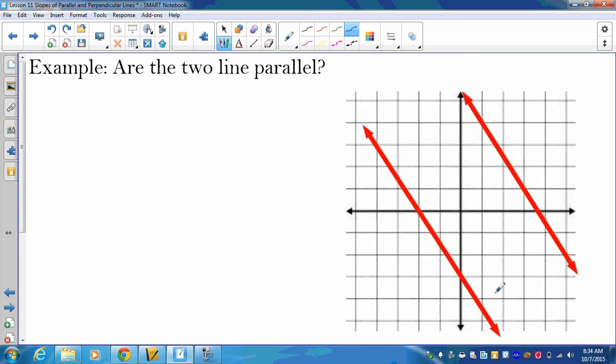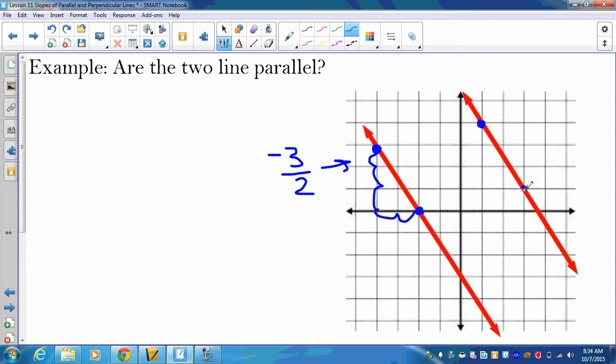So I'm going to check the slopes of these two lines. So I'll pick this point and this point. I'm going down 3, so that's -3. I'm going to the right 2. So this line here has a slope of -3 over 2.